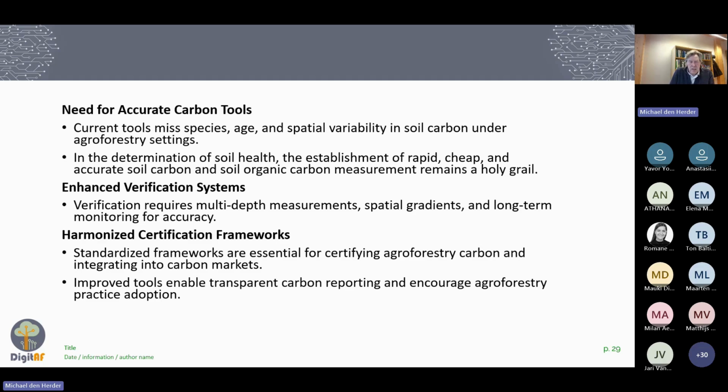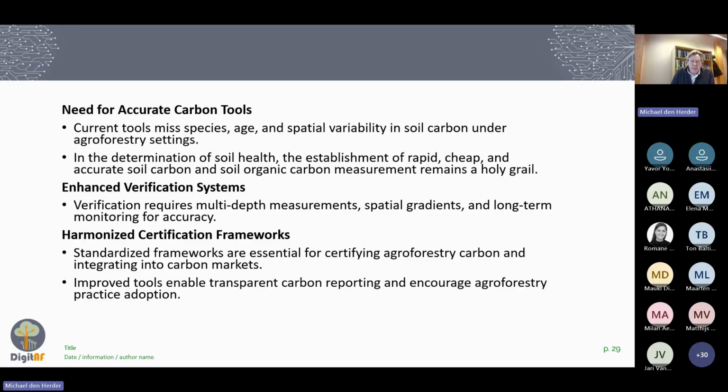These tools miss the age of the system, certain species, and spatial variability is not taken into account very much, and especially agroforestry is not taken into account very much. It seems that there doesn't exist yet a rapid, cheap, and accurate tool for soil carbon and soil organic carbon assessment. So there's still a bit of work to do.